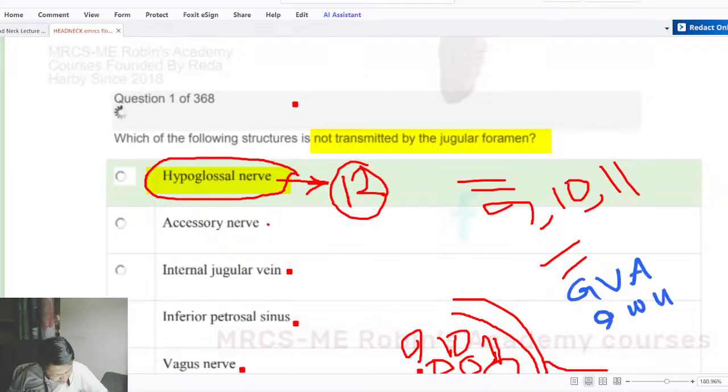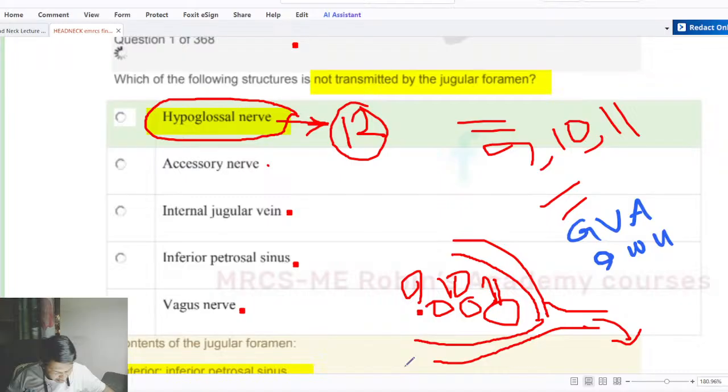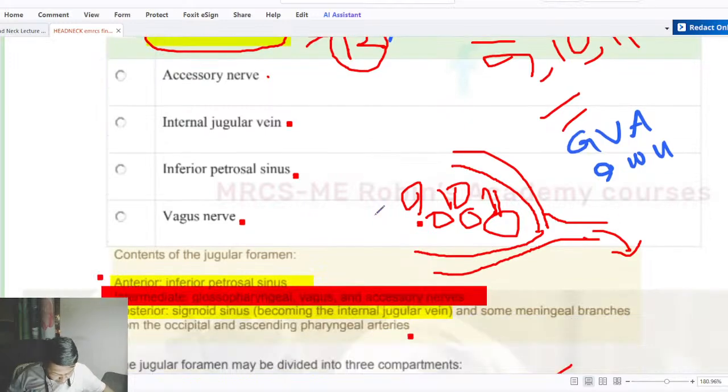Now any stem I can answer easily. So hypoglossal is number 12, of course it will not go through this foramen. Then a little explanation, you read this one. Anterior, the same thing. Inferior petrosal sinus, posterior sigmoid sinus, and intermediate 9, 10, 11.